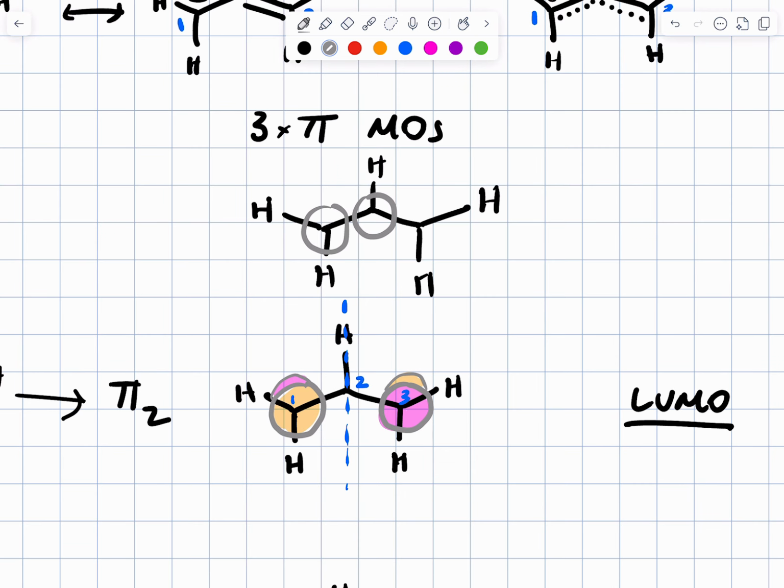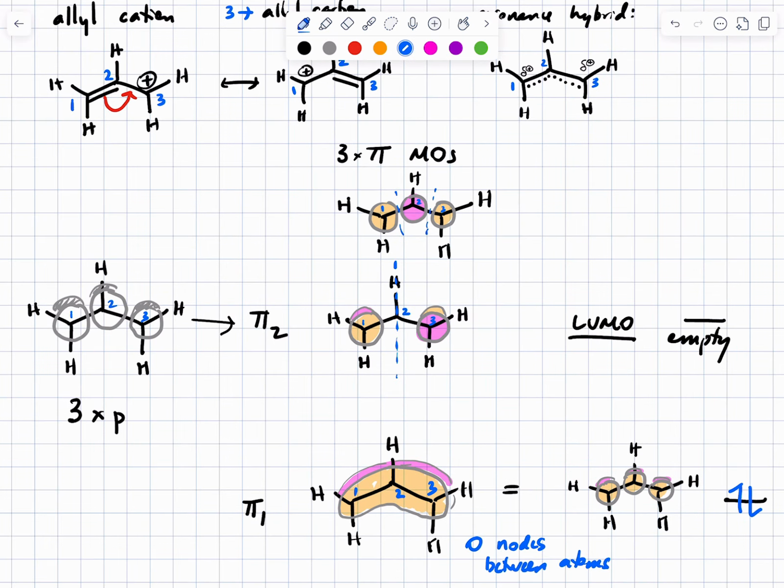So in this orbital, there are going to be 2 nodes, one between carbons 1 and 2, another between carbons 2 and 3, and then every time we go through a node, there will be a change in wave function sign. Okay? This is pi 3, and it is also empty in the allyl cation, but we don't care because it's not the LUMO.